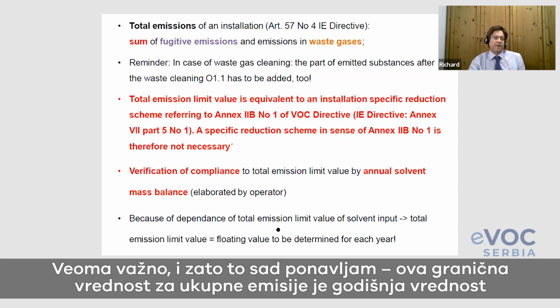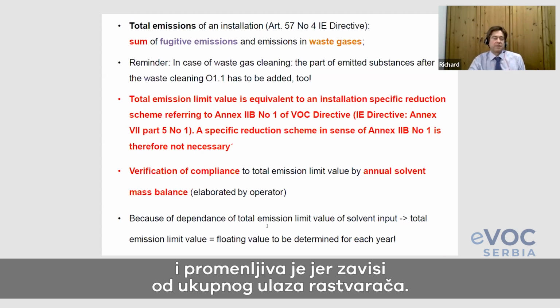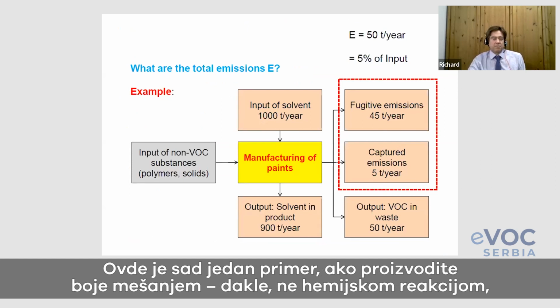And very important, that's the reason I tell it now the second time: this total emission limit value is an annual value, and it is floating. It is floating because it is dependent on the percentage of the total solvent input that you have. Now here's an example.